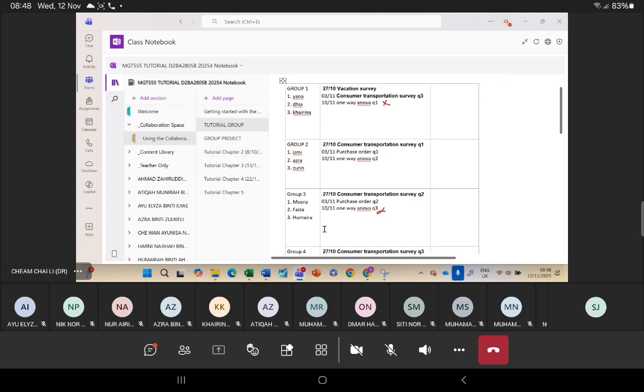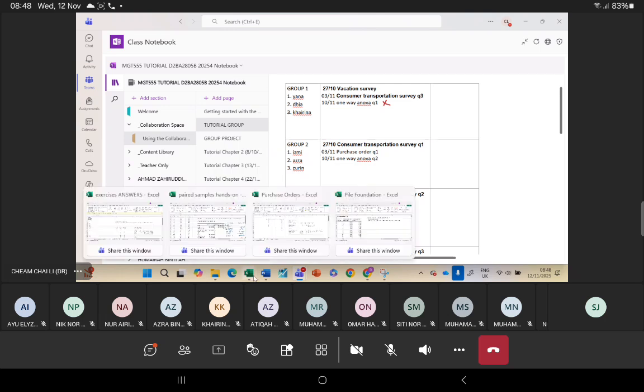Okay, class, if you have no questions, we will continue with the other one. We have one more. For those who have question 1 and question 3, again I can show you the answer.